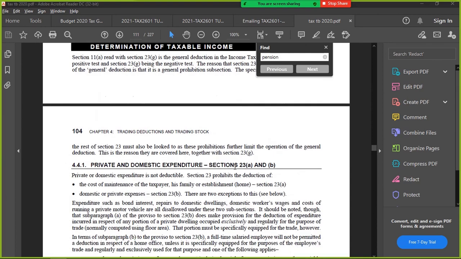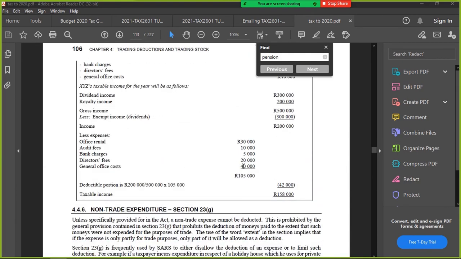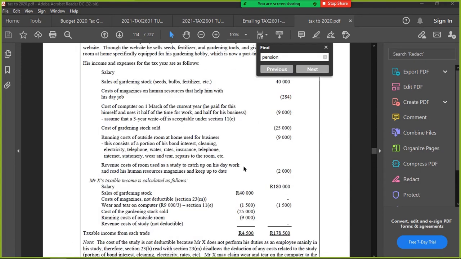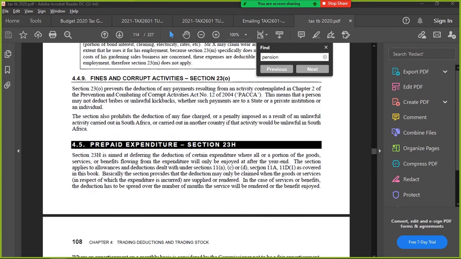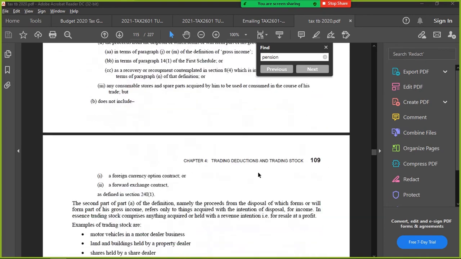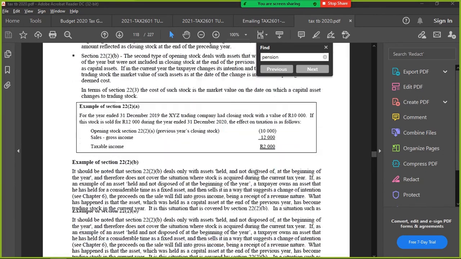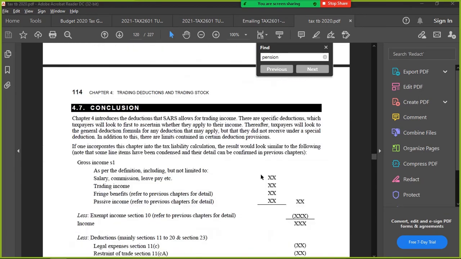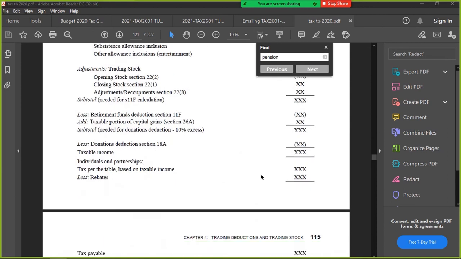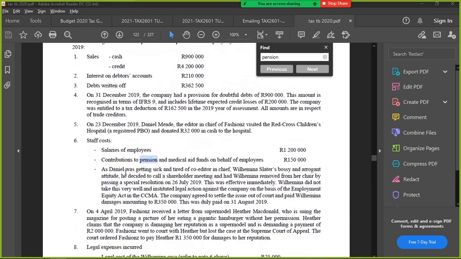Let me show you an example here in the textbook. Do they give you any questions here that are complete? Okay, here's an integrated question. Let's see if we've got a note there. There, contributions. Do you see the 150?